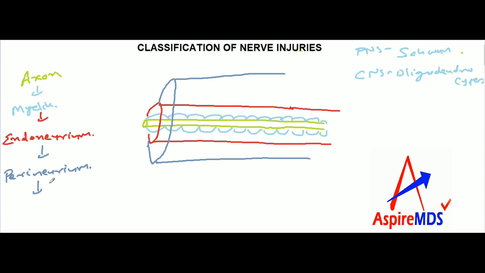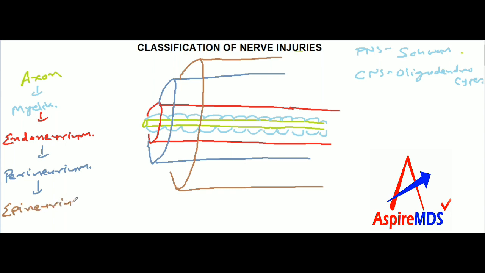Like that, multiple fascicles join together to form the nerve, which is covered by a structure called the epineurium. So epineurium is the outermost layer of the nerve.